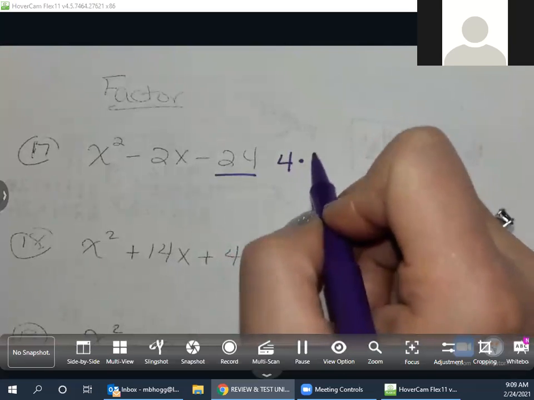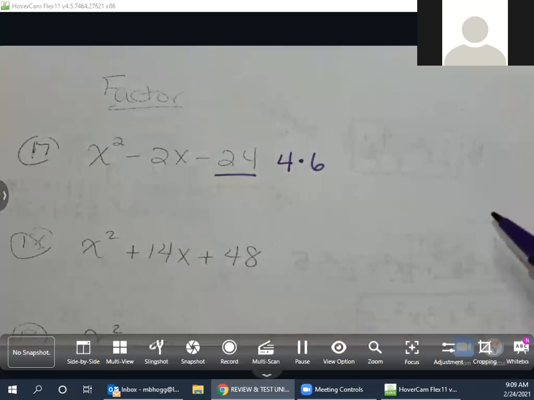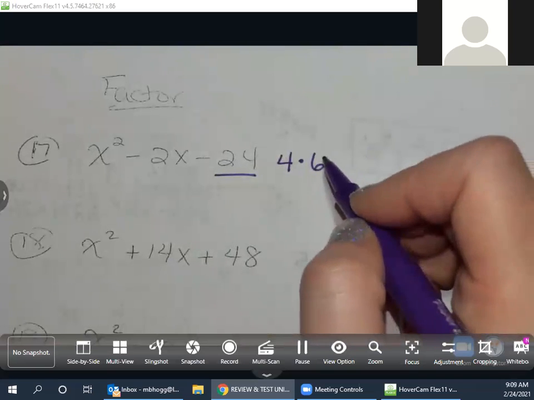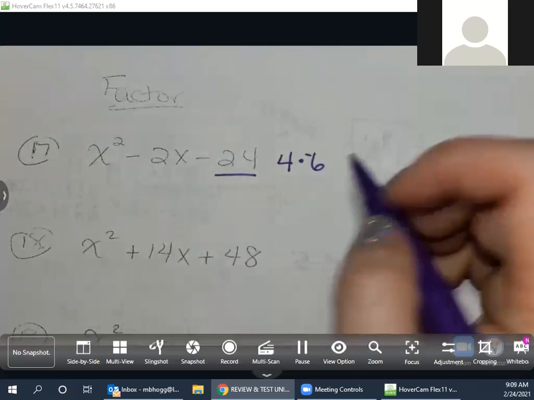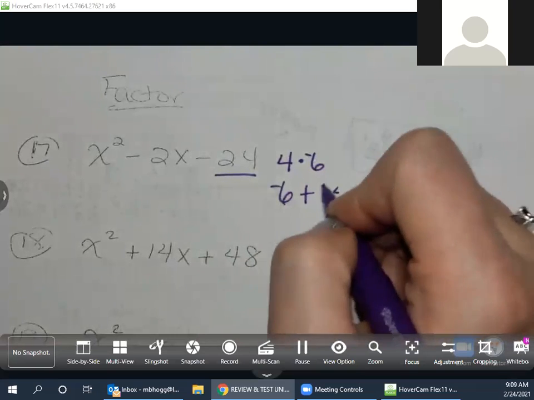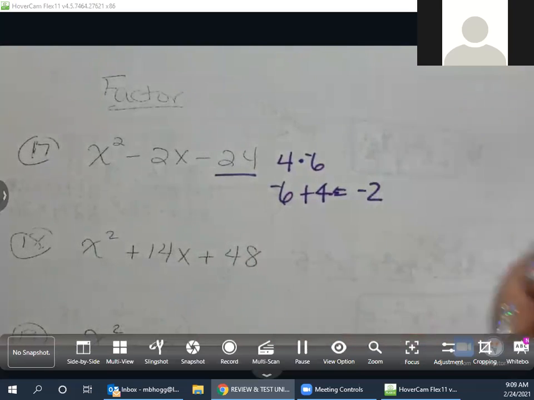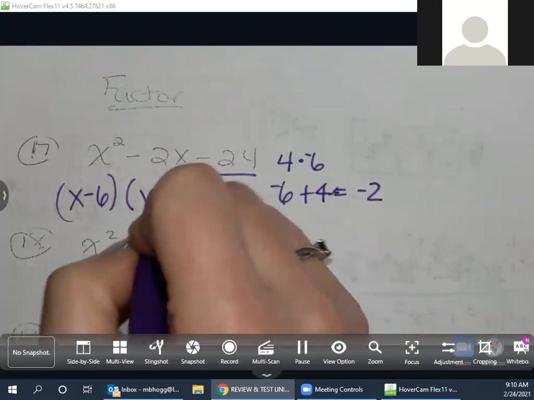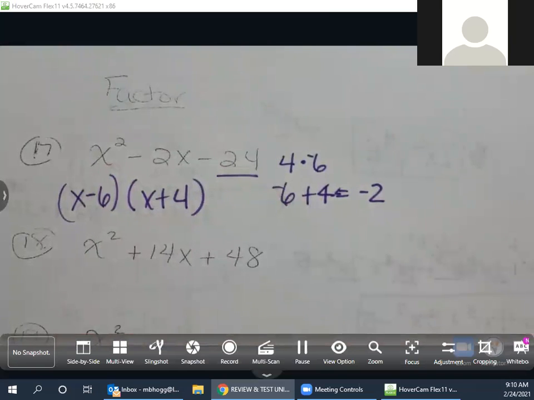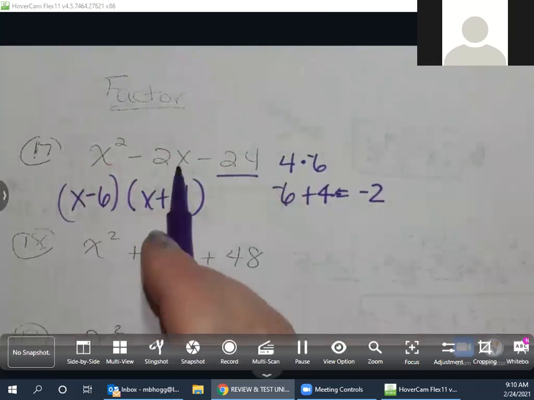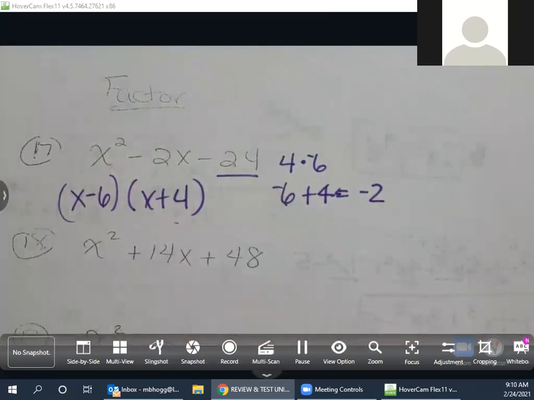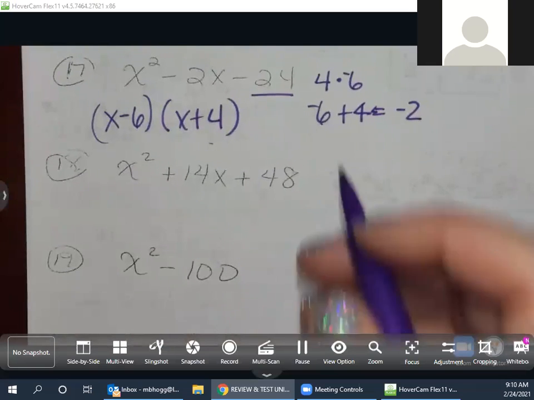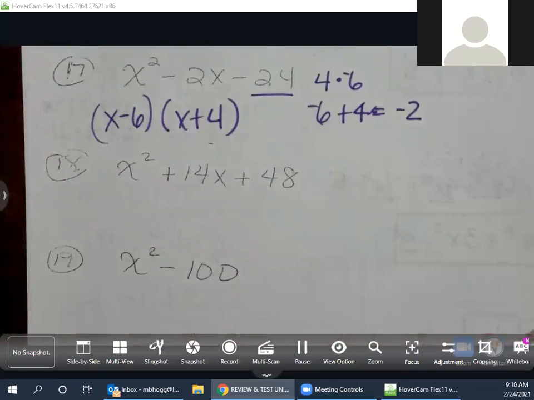So it looks like 4 and 6 would probably be the best bet here. So which one would need to be negative? 6. Because -6 plus a +4 is going to give you a -2. So you have x minus 6 and x plus 4. Remember, you can FOIL these out and get back to there. I know I'm going fast, but I'm trying to finish this before the announcements come on.